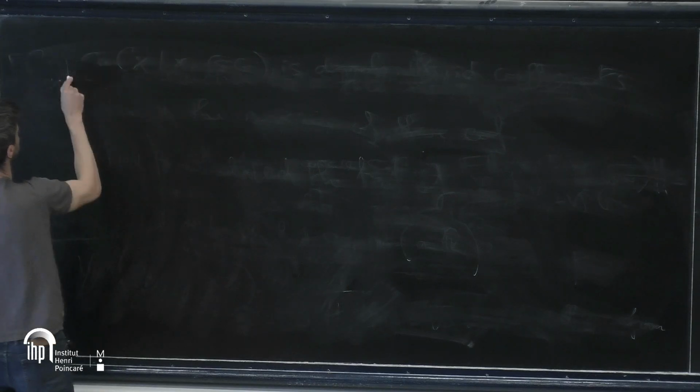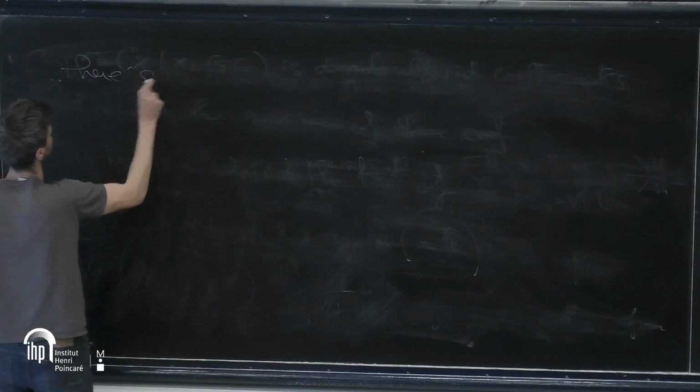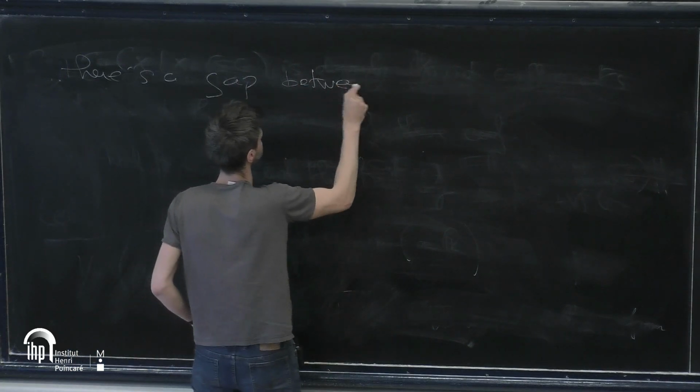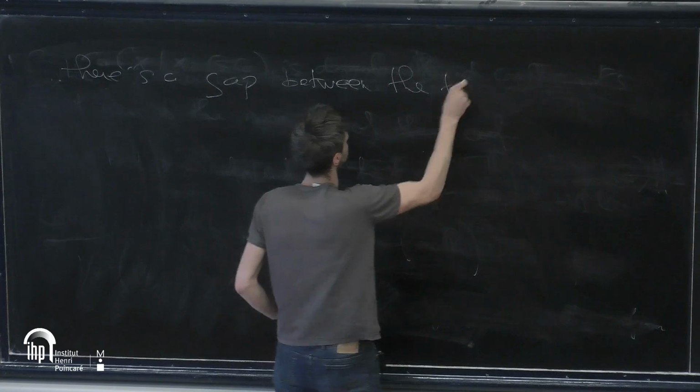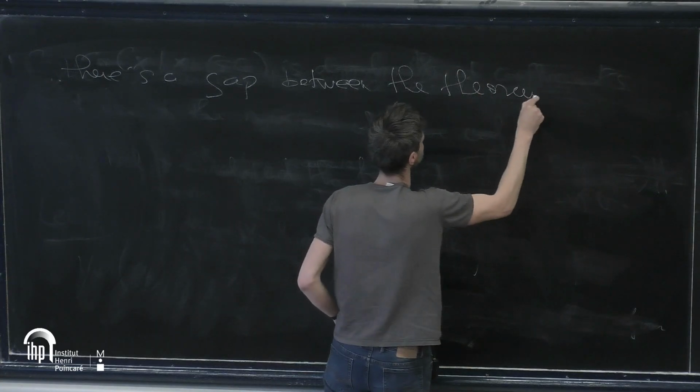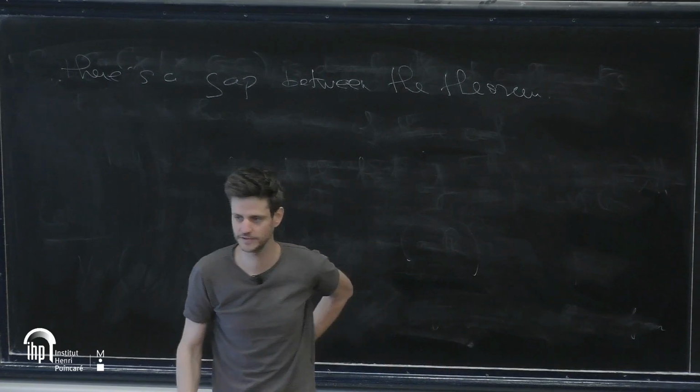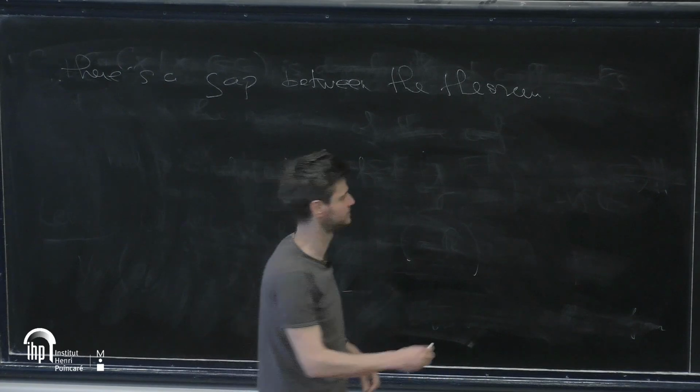Okay, there's a gap between the theorem. So what I mean by the theorem is like the bound up to which I know that the covariance is bounded and my counterexample.